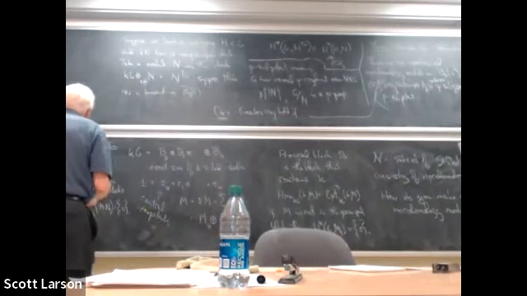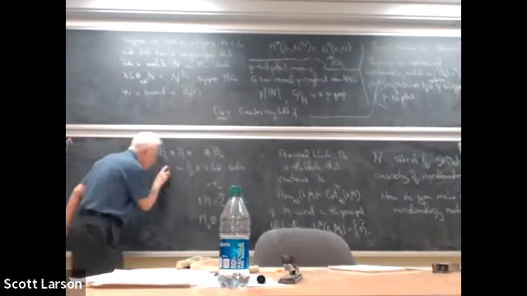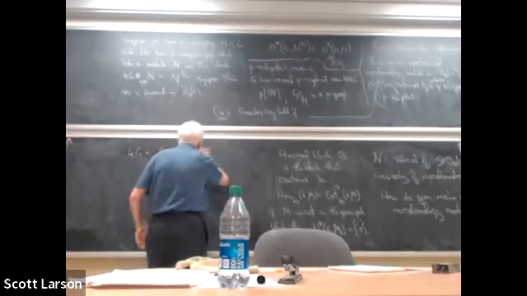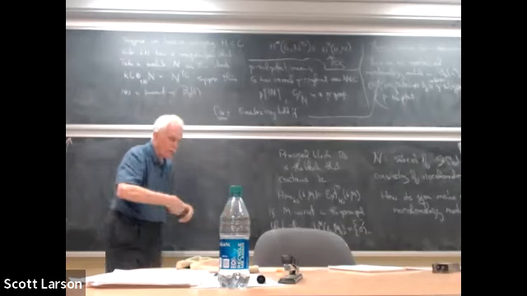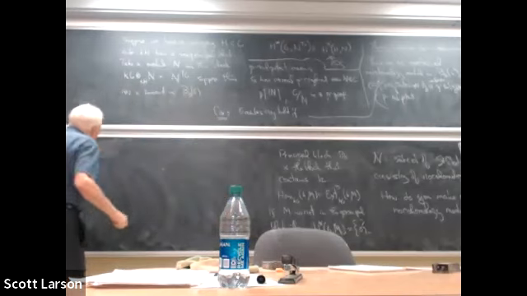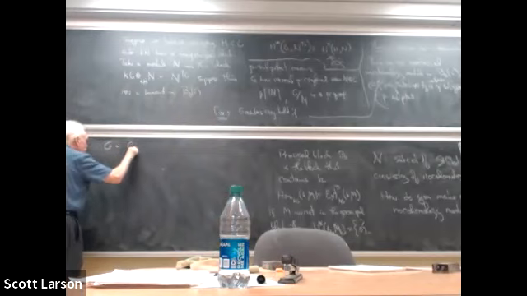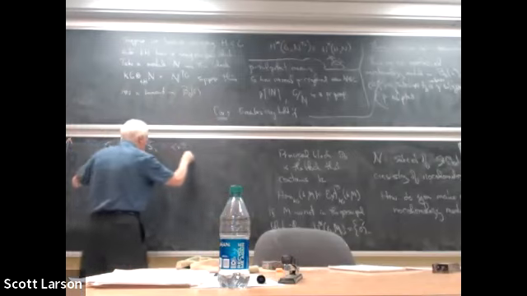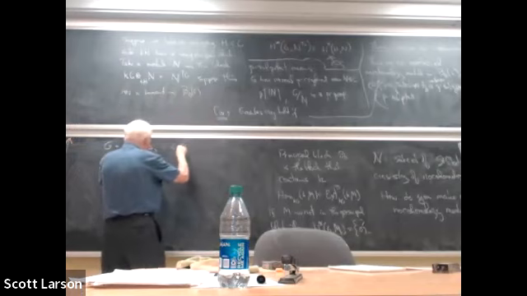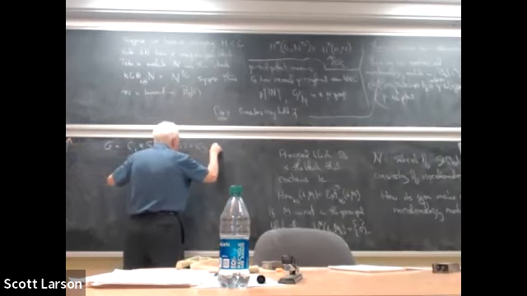Now, let me do an example, and you'll see how some of this stuff works. We're going to be very specific here. I want to let G be C3 times S3. So this is a cyclic group of order 3, say generated by x, and S3 is the symmetric group on 3 letters, generated by y and t.